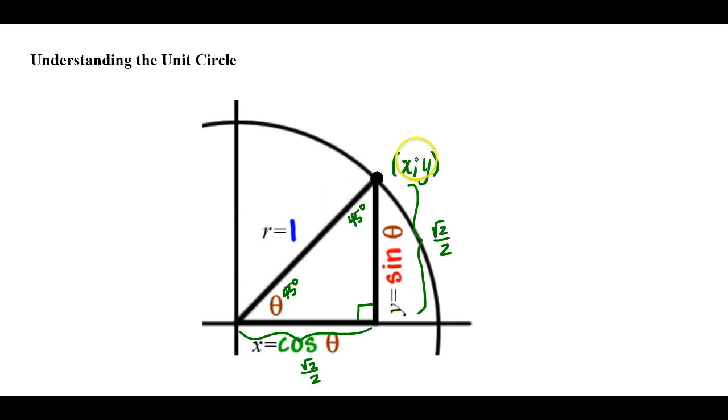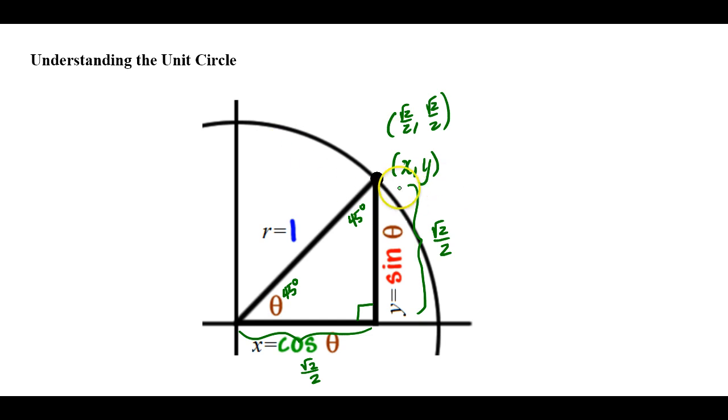So that would make this coordinate point, well, this distance, right, how do we normally get to a coordinate point? We either move right or left or up or down, so I have to move right radical 2 over 2. So this point is radical 2 over 2, and I have to move up a length of radical 2 over 2. So that's what this coordinate point is, radical 2 over 2, radical 2 over 2. That's the x value and the y value. So those are the types of answers that we're going to be getting on the unit circle.